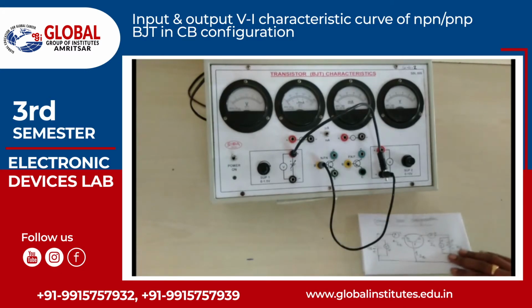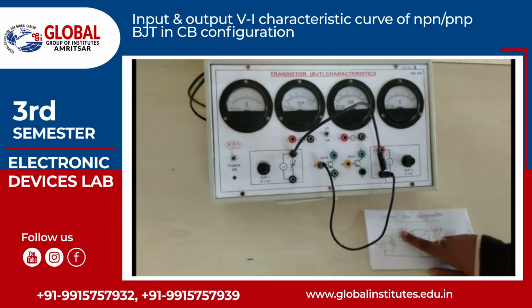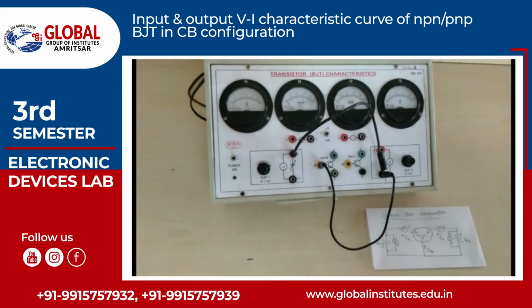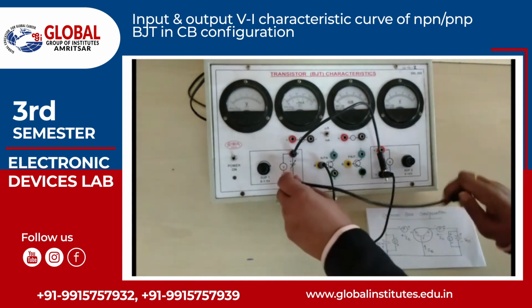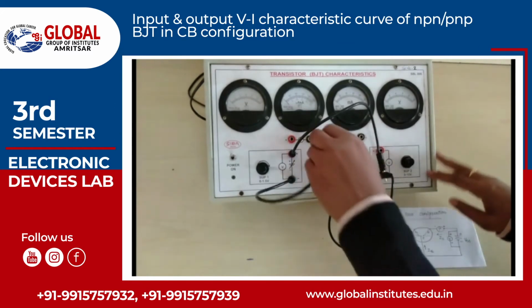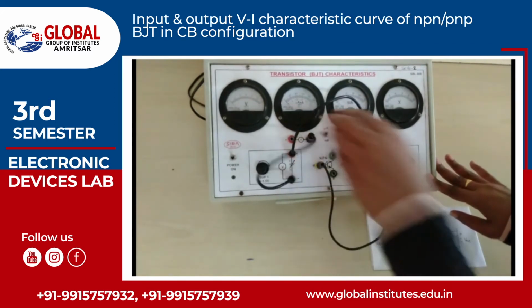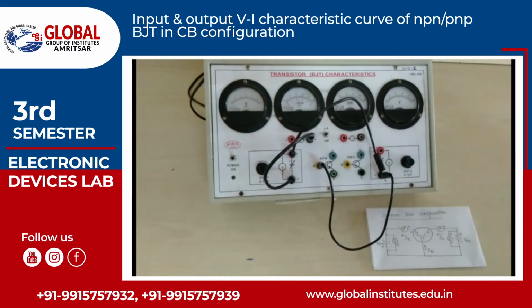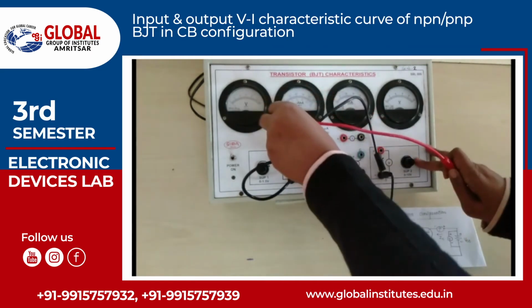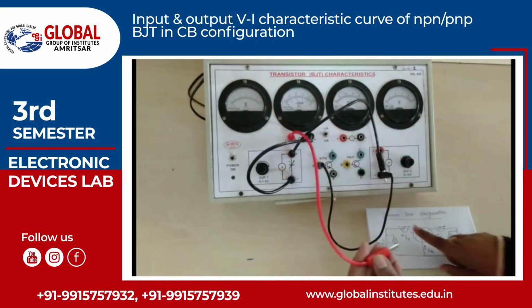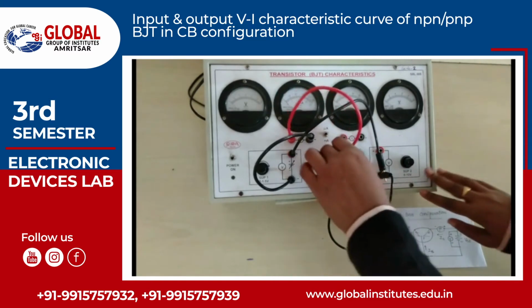In next part, connect the negative side of the input voltmeter to the negative side of the ammeter. So negative side of the voltmeter is connected to the negative side of the ammeter, and positive side of the ammeter is connected to the emitter of the transistor.